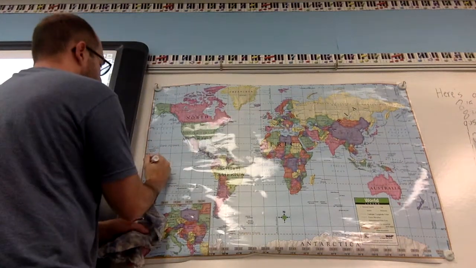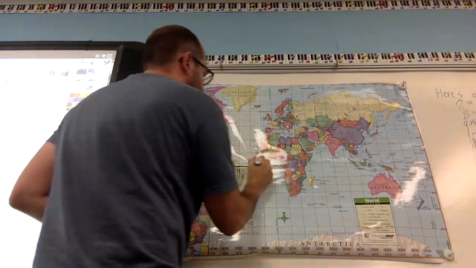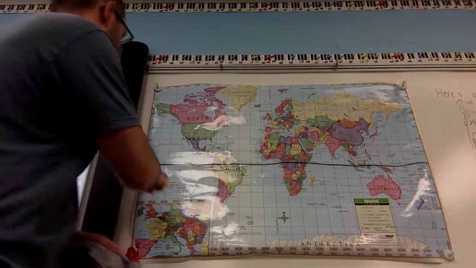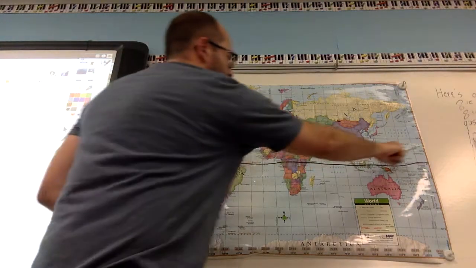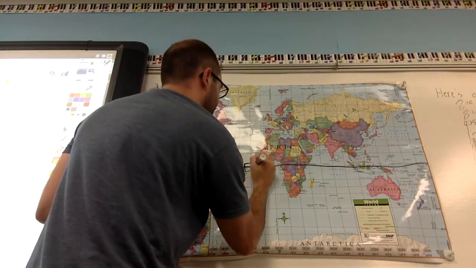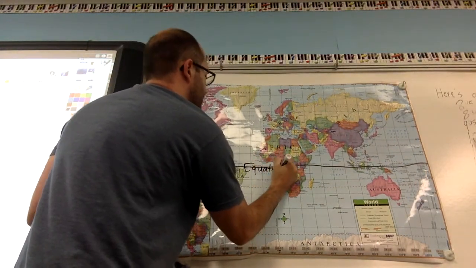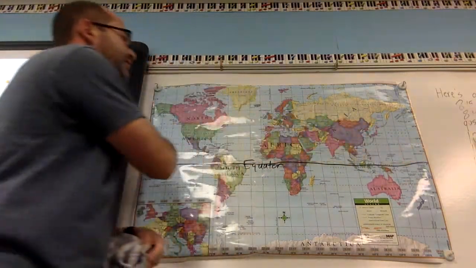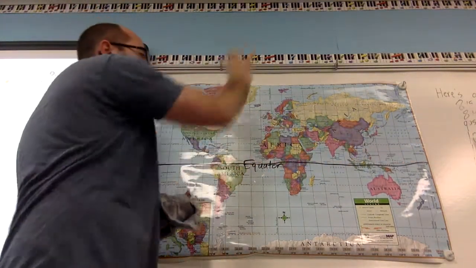In fact, the 0-degree latitude line, sorry, it's not a very straight line, but this line at 0 degrees latitude is called the equator. The equator line is 0 degrees latitude, and it divides the world into 2 halves.